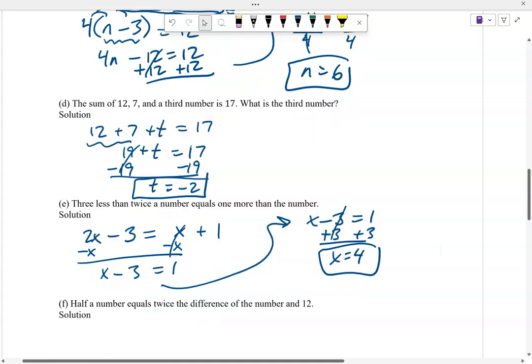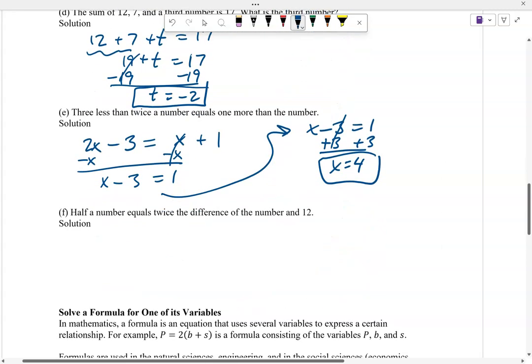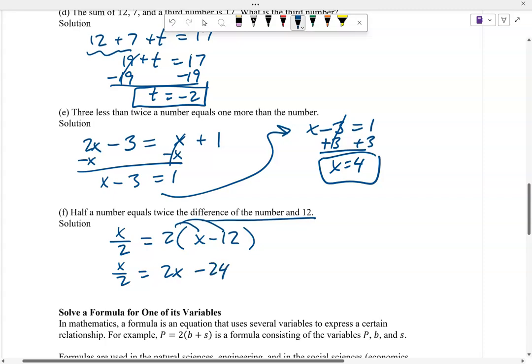4 is the number. Half a number equals twice the difference of the number and 12. Now you know what? I'm going to get rid of this 2 in x divided by 2. So if I multiply this side by 2, I'm going to multiply this entire side by 2.